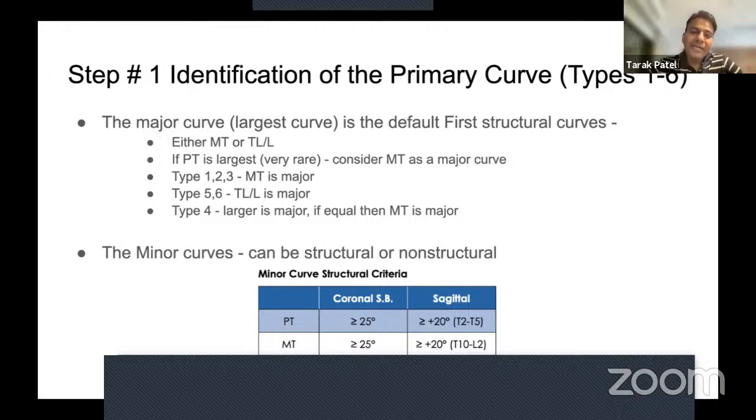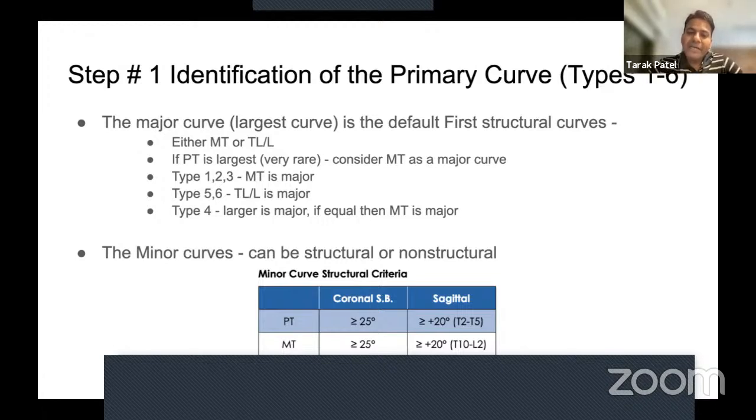For the minor curves, we will have to identify whether each is structural or non-structural, depending on the flexibility. So if on coronal side bending it bends to less than 25, then definitely it is a non-structural curve. But if it does not bend to less than 25, then it is considered structural.